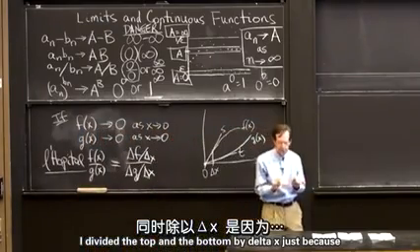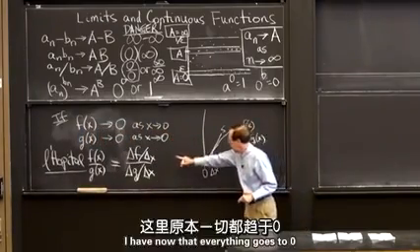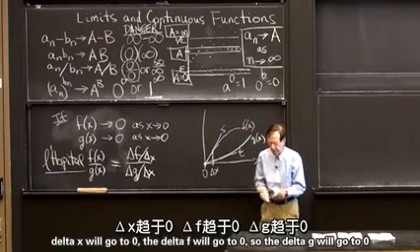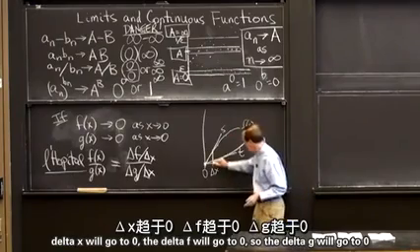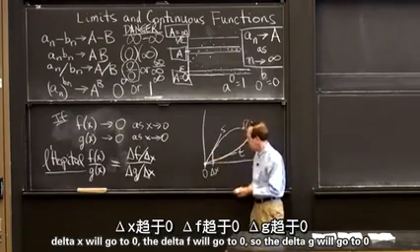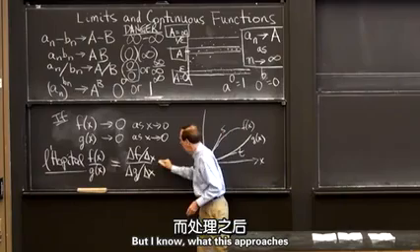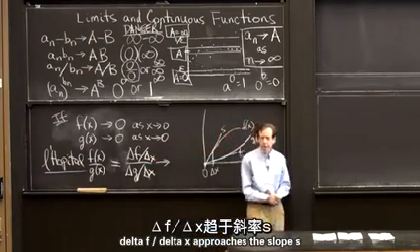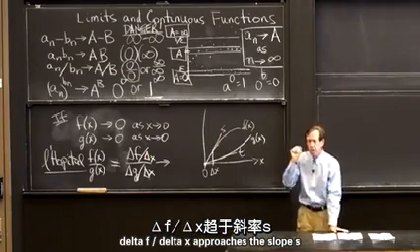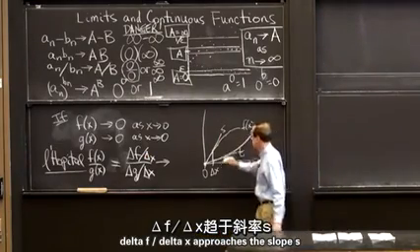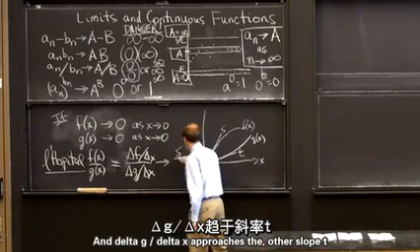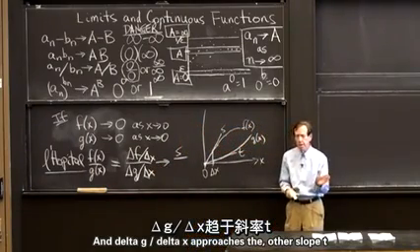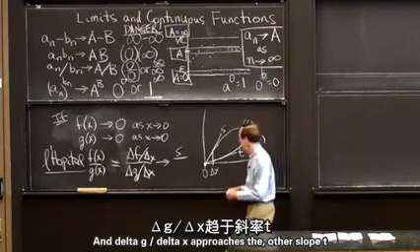Now I'll let everything go to 0. Delta x will go to 0. The delta f will go to 0. So the delta g will go to 0. But I know what this approaches. Delta f over delta x approaches the slope, s. And delta g over delta x approaches the other slope, t.